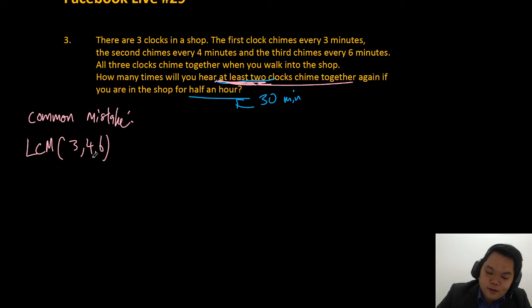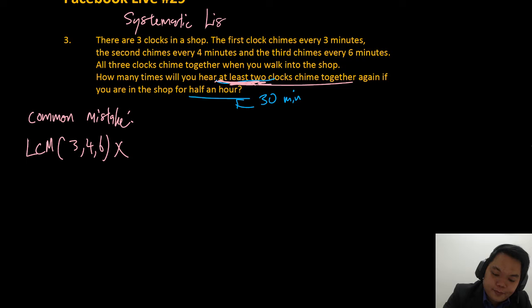This doesn't work because this involves all 3 numbers. It is the smallest number that can be divided by 3, by 4, and by 6 without any remainder. So it doesn't work this way. You want to have at least 2. So to deal with this, you are going to have to use systematic listing. Okay, so what do I mean by this?